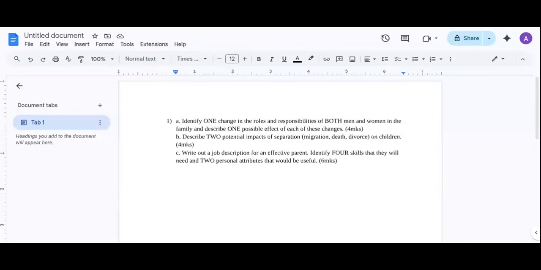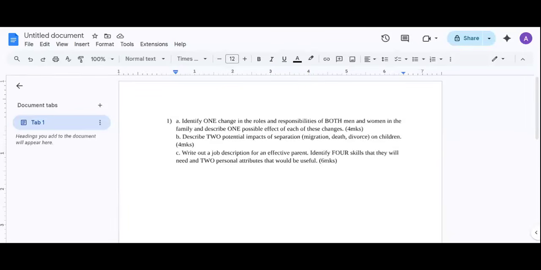However, because women are now taking up jobs outside of the home, the men help in child rearing. So we identified one change in both the men and the women. And one possible effect of the first change is that women are now more independent and they can also help financially in the home. So that is one possible effect of it.